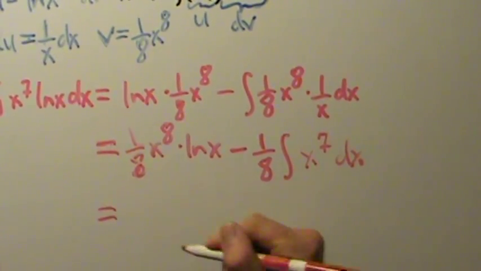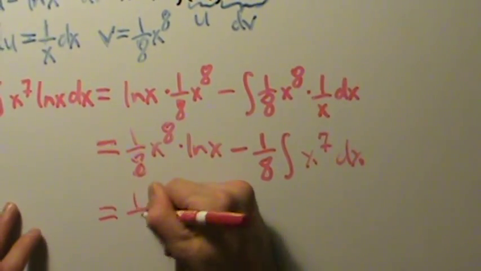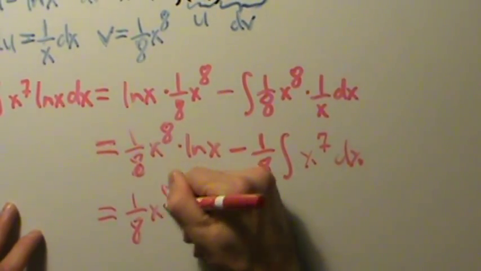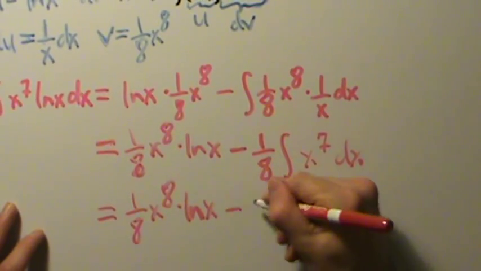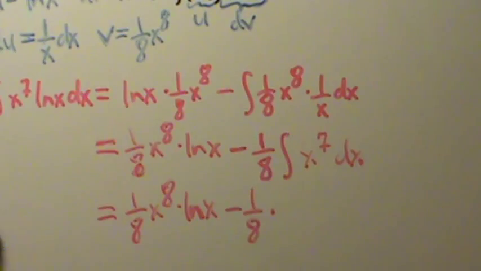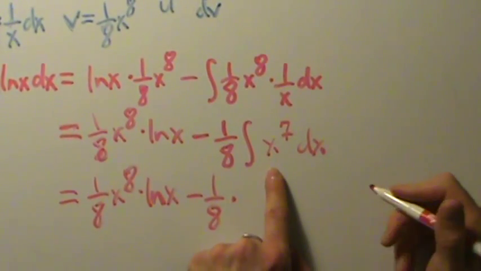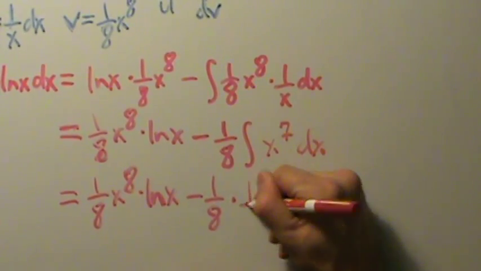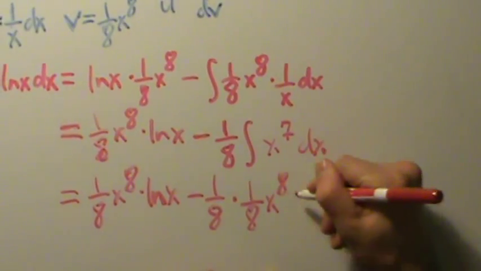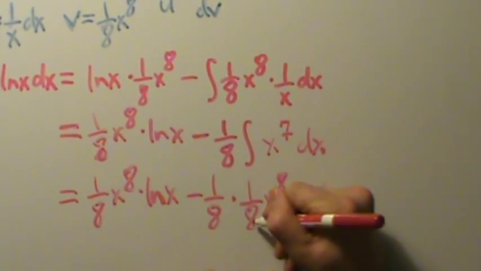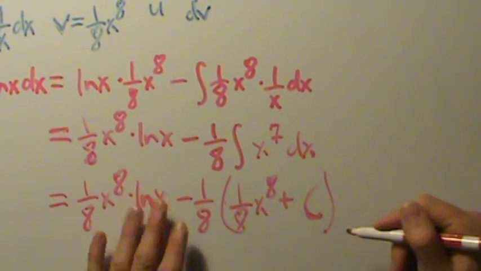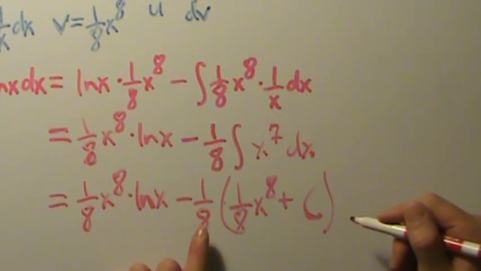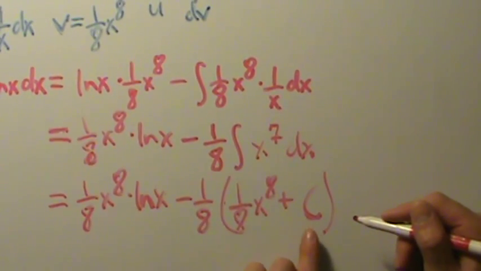So then what's left? This is still 1/8 x to the 8th times the natural log of x, and then minus 1/8 times, if we integrate x to the 7th, we get 1/8 x to the 8th, and then there's a plus c. Technically this 1/8 out here is being multiplied by this entire thing, but it doesn't matter, because if we distribute, it's just 1/8 times an arbitrary constant.